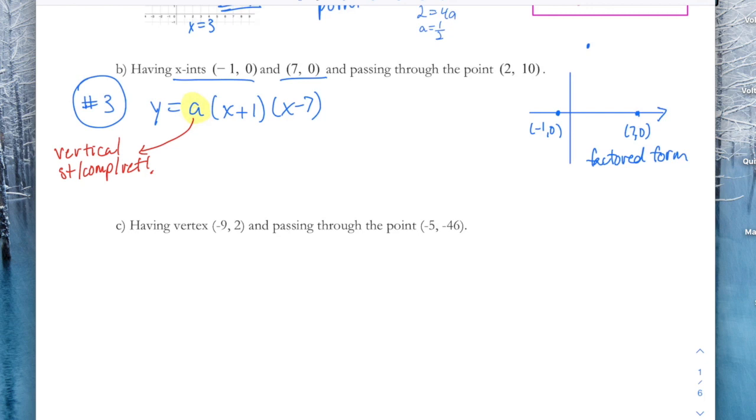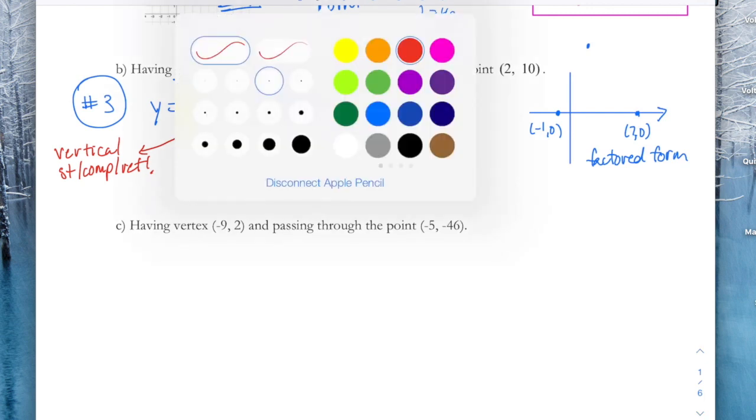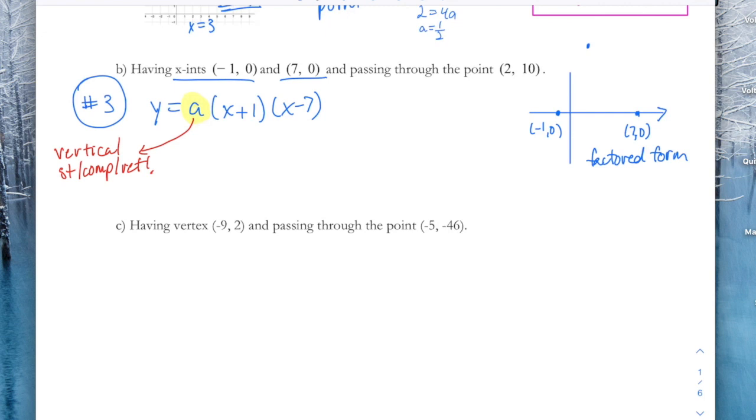We haven't really discussed this in factored form yet, but of course that number is the same as the number in your vertex form. So it still has the same impact of stretching, compressing, or reflecting your y values. So again, we already have our parameters 1 and -7 in there, but we still need to figure out what a is, and we're going to do that by subbing in a point.